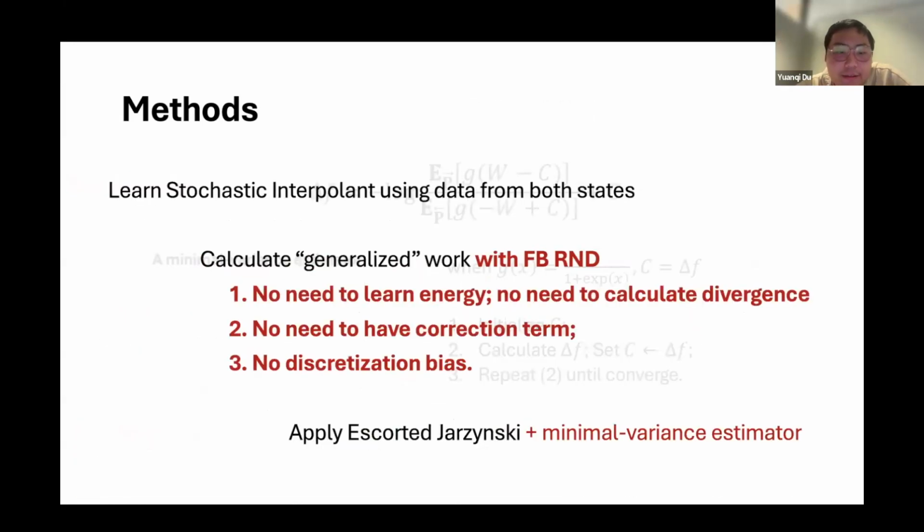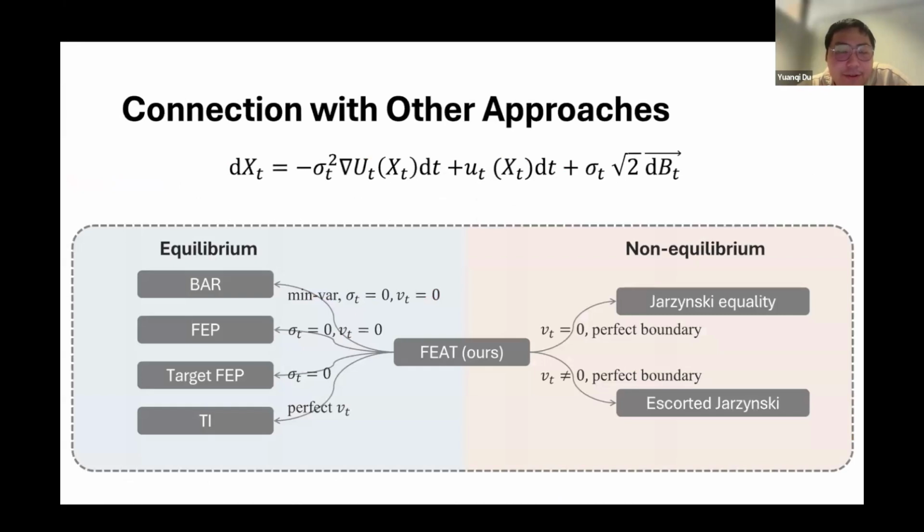So those are the three benefits, and lastly, a bit of a connection to other approaches. As we showed before, this is our forward process. We're not writing the backward here, but if you cancel certain things out, it gives you a different method. For the straightforward one, if you cancel out the noise, it gives you the target FEP with flow matching, for example, where this term and this noise term are out.